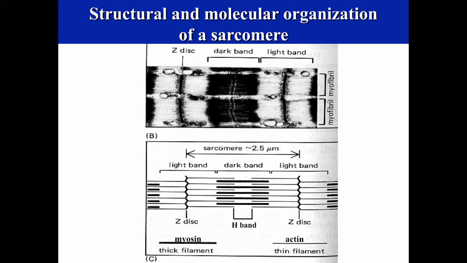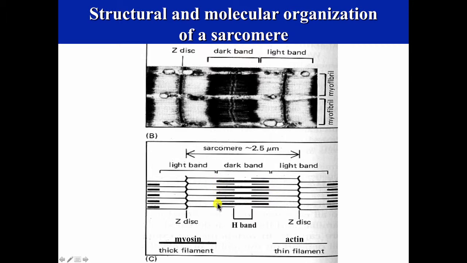The sarcomere contains two main types of proteins, thick myosin filaments and thin actin filaments. The thin actin filaments are inserted at one end into the Z disc, and they partially project into the myosin containing part of the sarcomere.